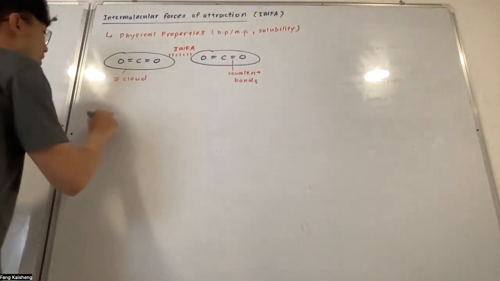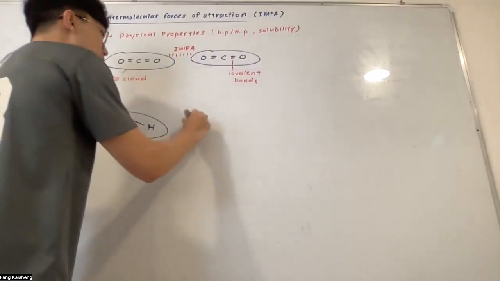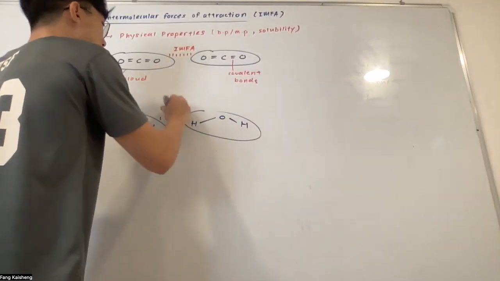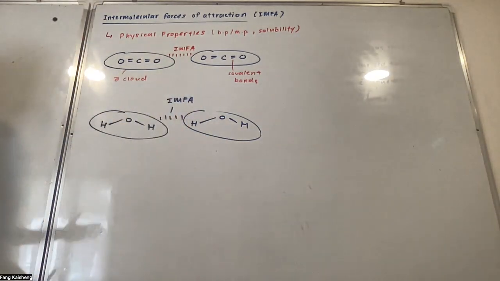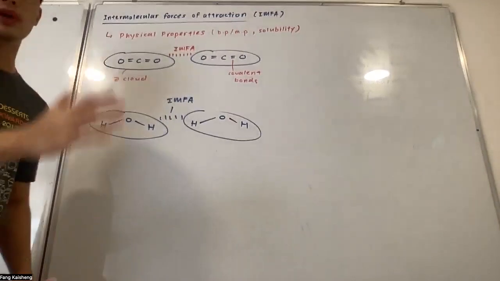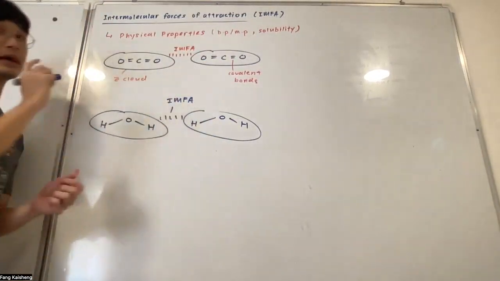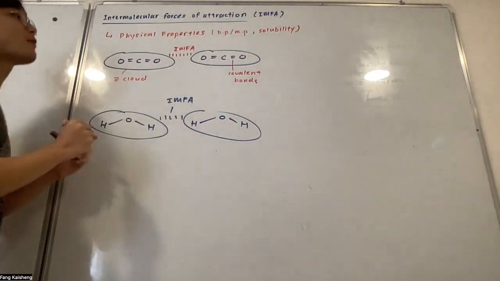Other than carbon dioxide, we have learned how to draw a water molecule. So this is a water molecule, and this is another water molecule, correct? And they have their own intermolecular forces of attraction. When I boil water from liquid to gas, am I breaking the covalent bonds or the intermolecular forces? Good. Be very careful here.